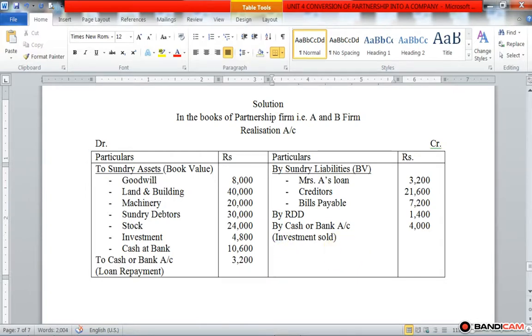Who gives the purchase consideration? Kiran Company Limited has paid the purchase consideration for takeover of the partnership firm.